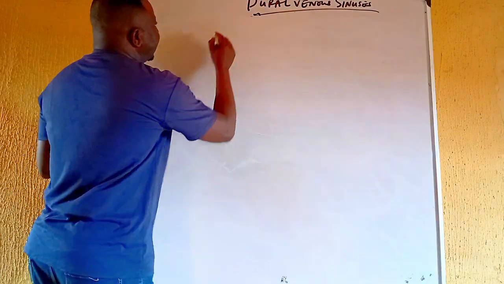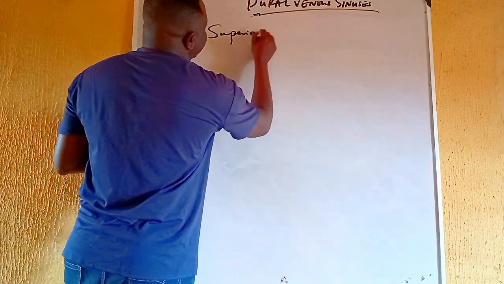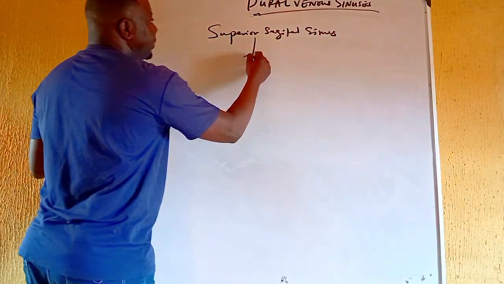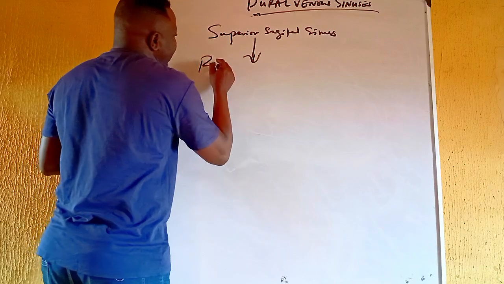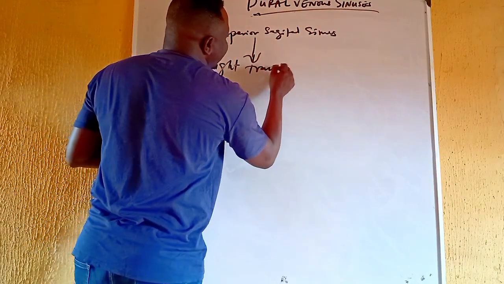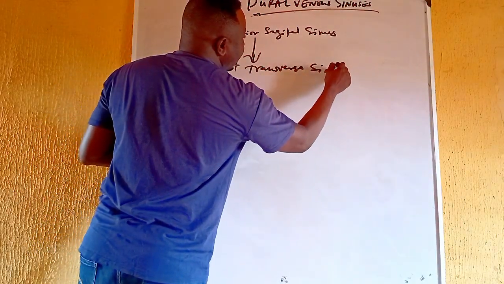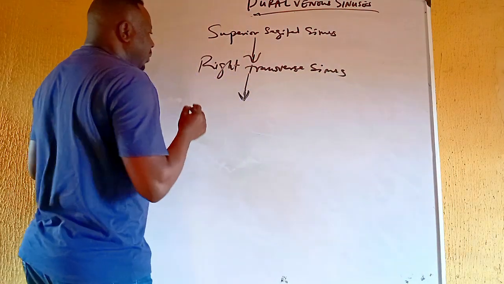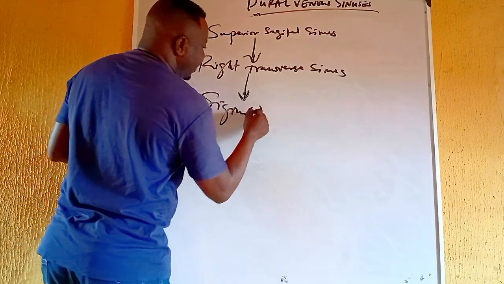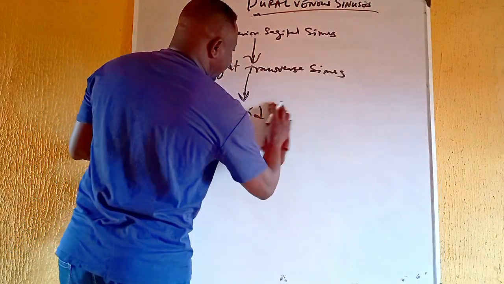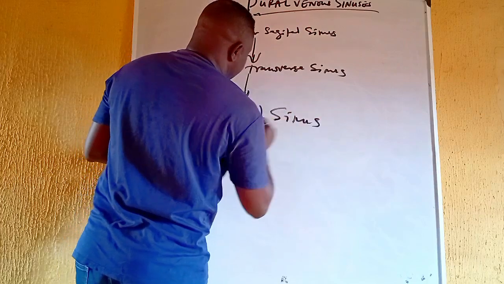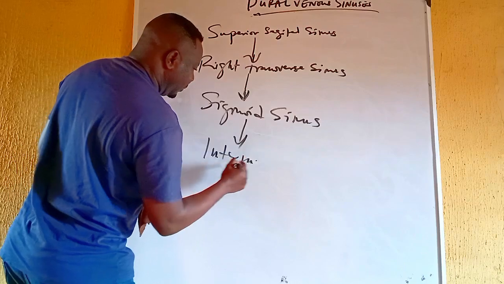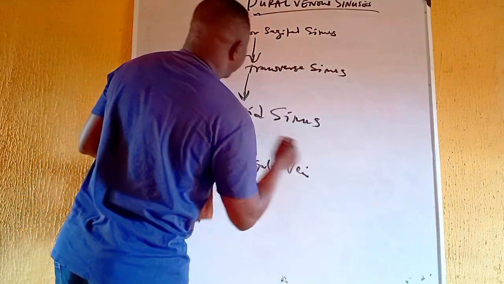So it is very important to know that the superior sagittal sinus joins with the right transverse sinus. The right transverse sinus eventually becomes the sigmoid sinus that eventually drains into the internal jugular vein.